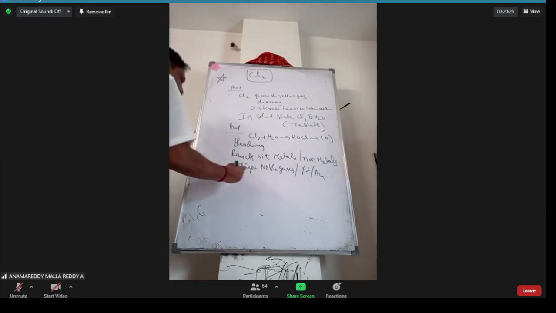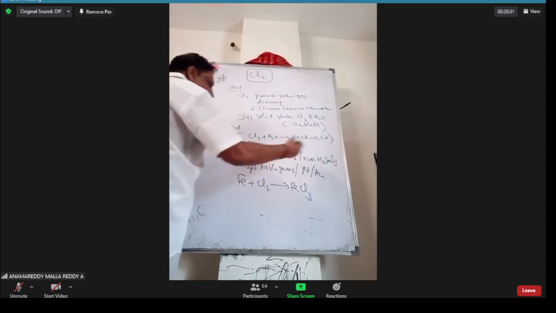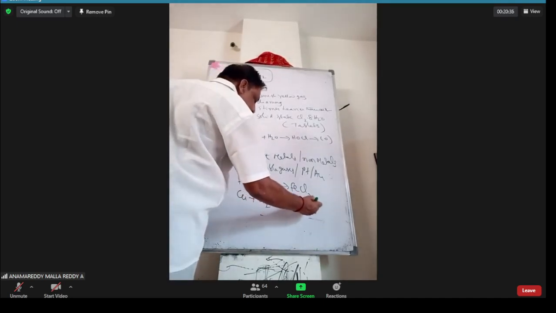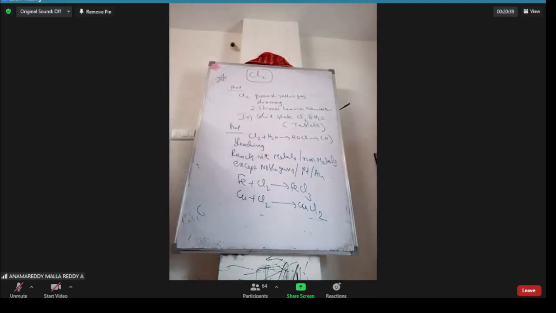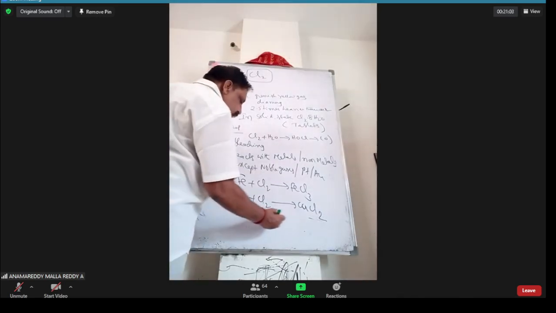They oxidize. Iron reacts with chlorine, gives ferric chloride, higher oxidation state. Copper reacts with chlorine, gives copper chloride, higher oxidation state. Phosphorus reacts with chlorine, gives PCl3.